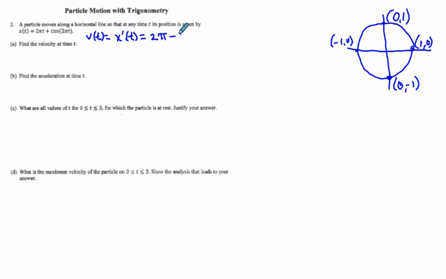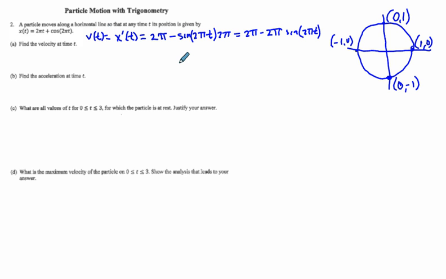Well, it's going to be negative sine 2 pi t times the derivative of the inside, which is 2 pi. So that's going to be 2 pi minus 2 pi sine 2 pi t. So that is going to be our answer. And that's going to be v prime, or x prime of t, which is v of t.